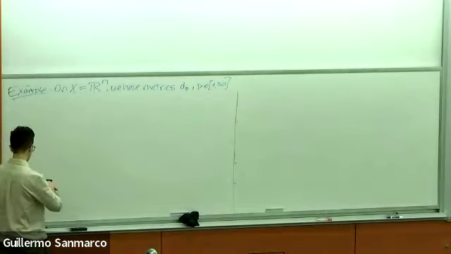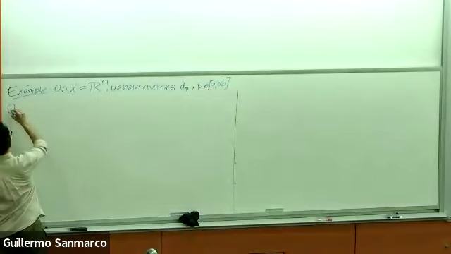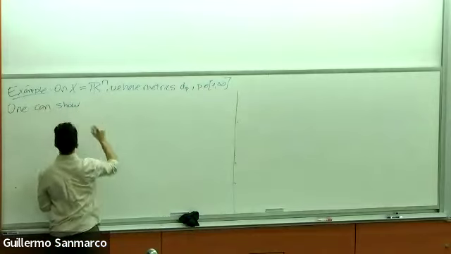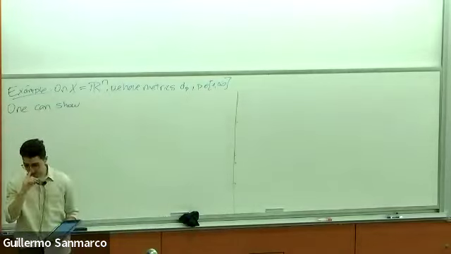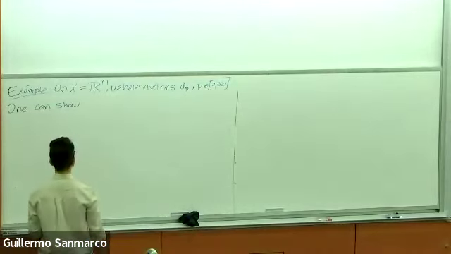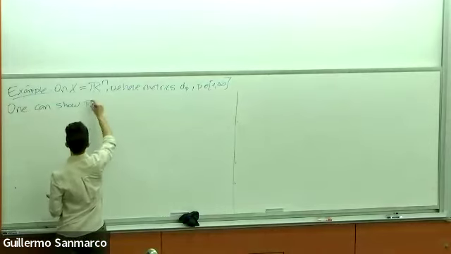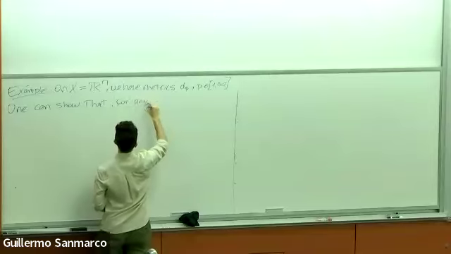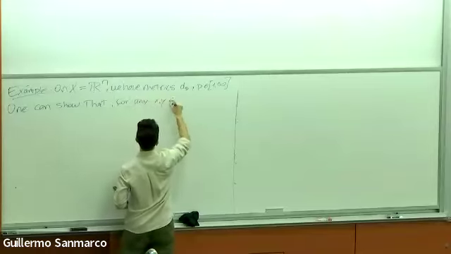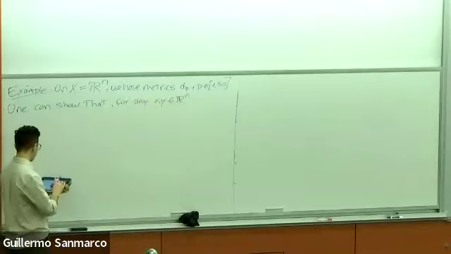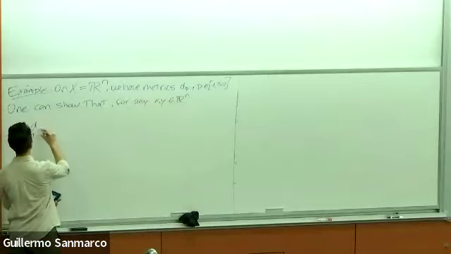And we can show, so the thing with equivalent metrics is once you have the statement, it's easy to prove. One can show the following for any pair of points x, y in Rn. You can compare all the metrics to this one.